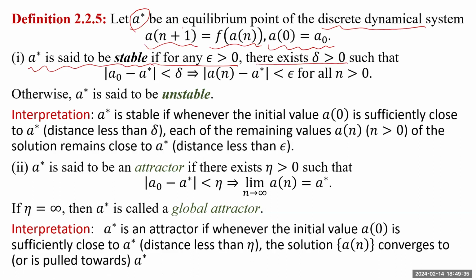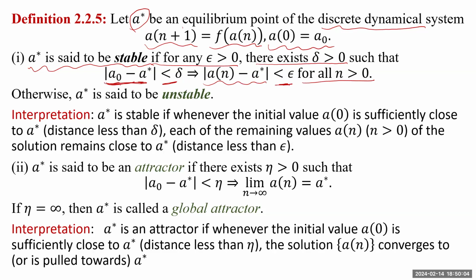So this is the delta-epsilon notation for stability. If the distance between the initial condition and the equilibrium is less than delta, then, of course the delta depends upon the epsilon, |a_n - a*| < epsilon for all n greater than 0, right?